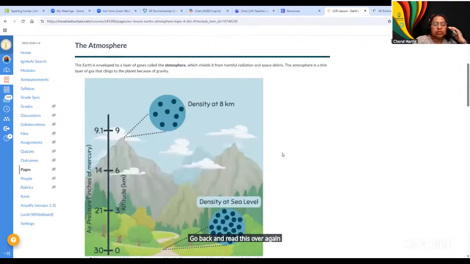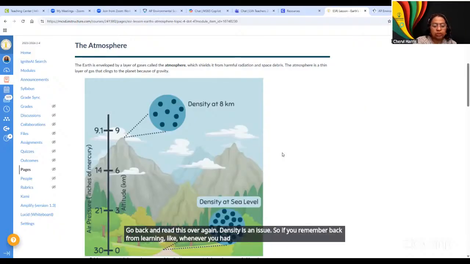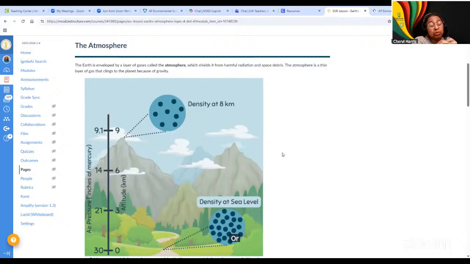Density is an issue. If you remember from physical science, when you learned the properties of a gas, it takes the shape of its container. So it can be pressurized into smaller volumes, or what it likes to do, because it has high energy, is spread out as far as it can.